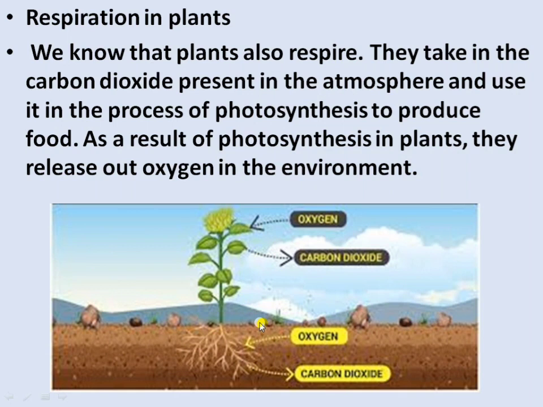As you can see in this picture, respiration in plants differs from animals in that plants have no specific organs for breathing, and each part like the stem, leaf, and root respires independently. The exchange of gases in plants occurs by the diffusion of gases.